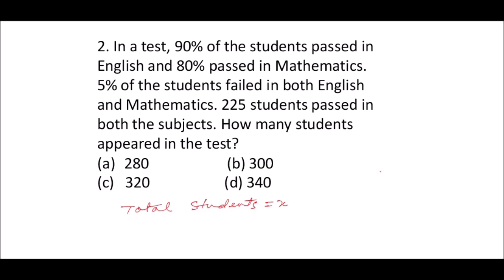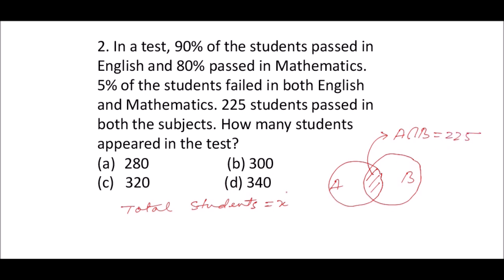Consider the set of students who passed in English represented by A, and the set of students who passed in mathematics represented by B. The intersection of these two is those who passed in both subjects. Therefore, A intersection B is given as 225.